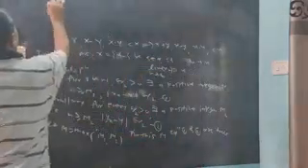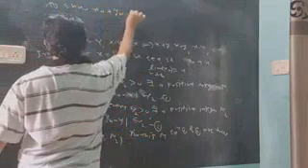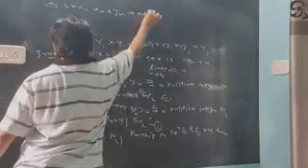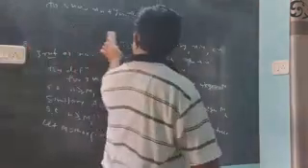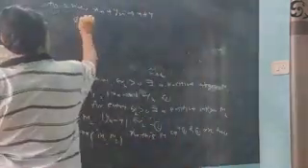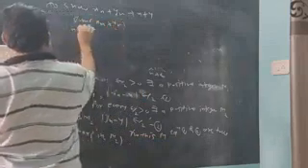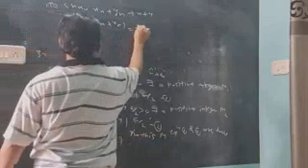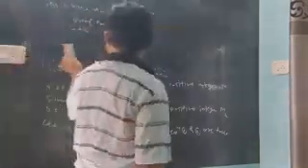Now we have to show xn plus yn converges to x plus y. That means the limit of xn plus yn as n tends to infinity will be x plus y.